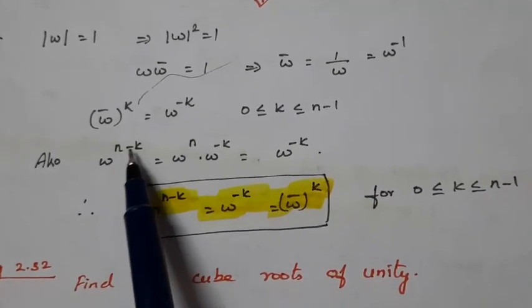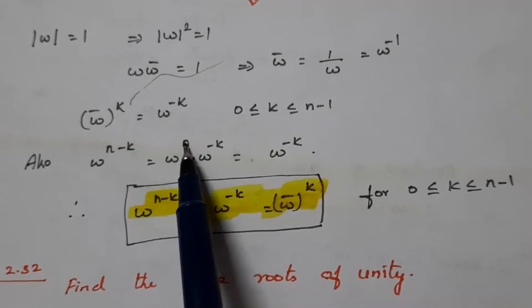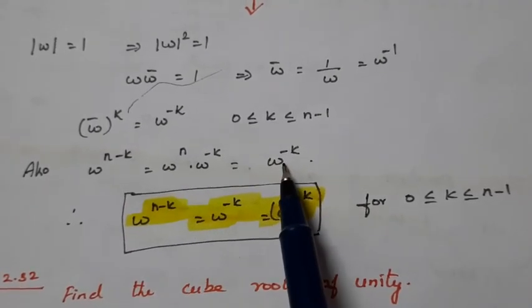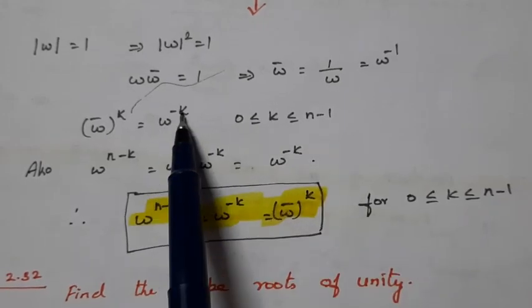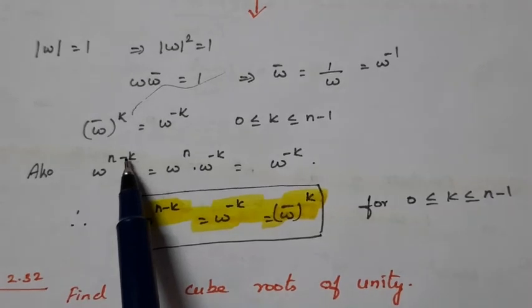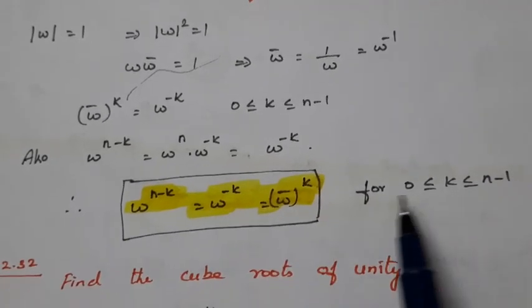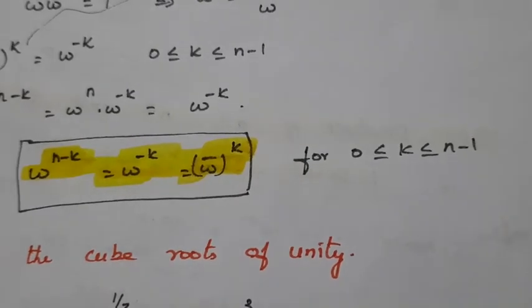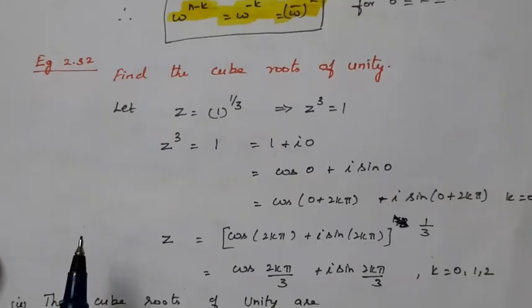Also, omega power n minus k can be expressed as omega power n into omega power minus k, but omega power n being 1, it will be equal to omega power minus k. So, omega power minus k is also equal to (omega bar) to the power k, or omega power n minus k. Therefore, all three are equal. And what is k? k is nothing but a value between 0 and n minus 1.